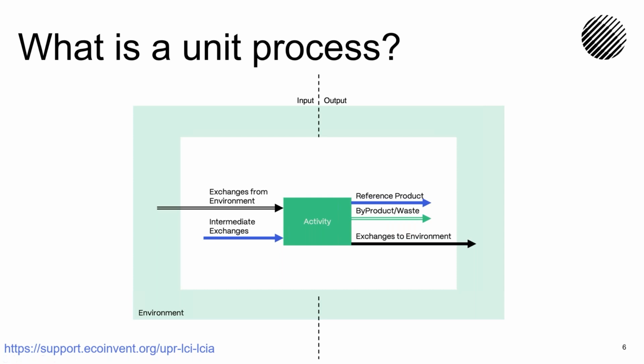Now, let's take a minute to talk about the fact that the classification between reference product and byproduct waste is really activity dependent. For example, paper can be the reference product for the activity paper production, but that same exchange can also be a byproduct waste if we are talking about another activity.